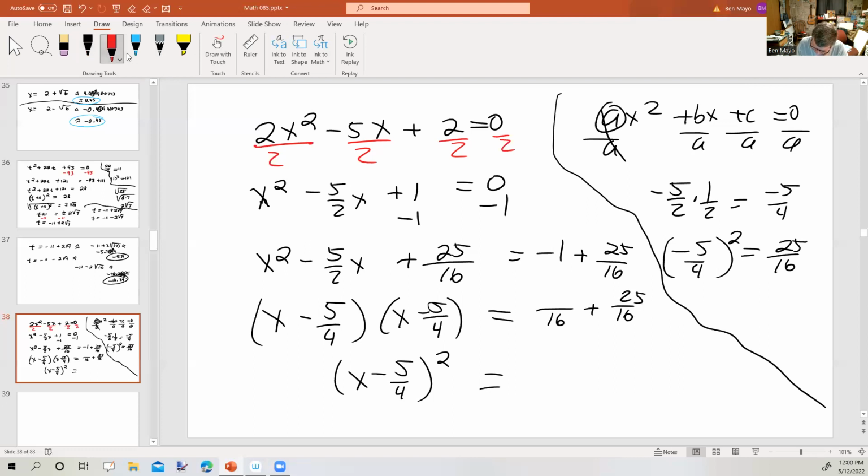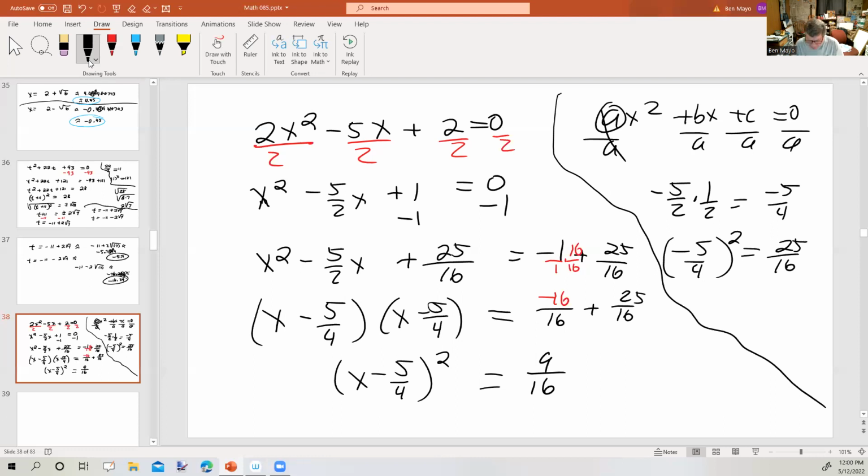So negative 1 times 16 over 16 would be negative 16/16 plus 25/16, which is what? 9/16. So now I've completed the square and I have it in the form to use the square root property. I have a perfect square trinomial on one side and a constant on the other.